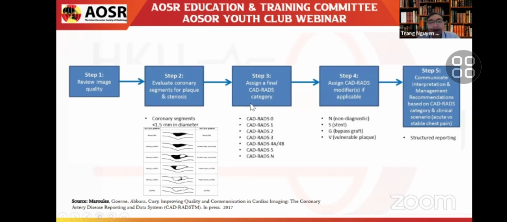And then we have the CAD-RADS category from 0 to 5, and N is not available. And step 4, we assign the CAD-RADS. Maybe we can use CAD-RADS 2.0, which is now with modified non-diagnostic, stent, graft or vulnerable plaque. And then we structure the reporting. Those are the 5 steps we use when we analyze.